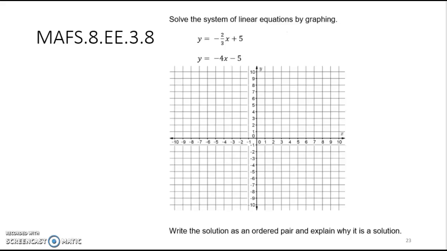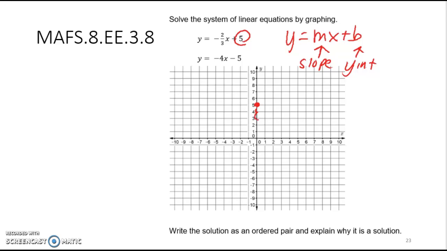All right, so solve the system of equations by graphing. When we graph, remember, these are in the form y equals mx plus b, m being my slope, b being my y-intercept. So I'm going to start with my y-intercept. My y-intercept is 5 in that first equation. From that point, we use the slope. That slope tells me to go down 2.